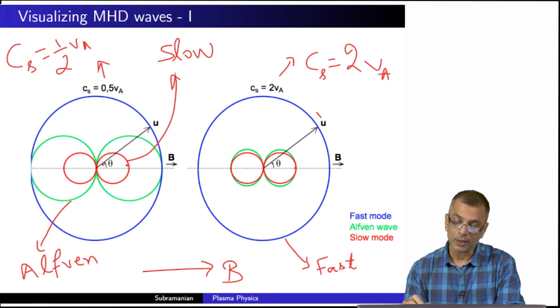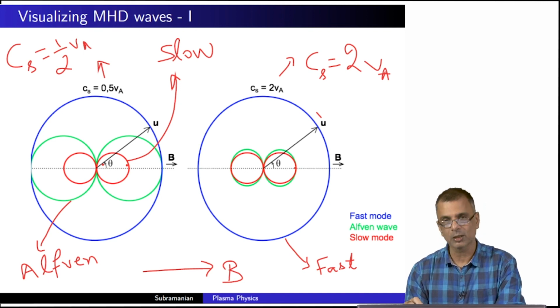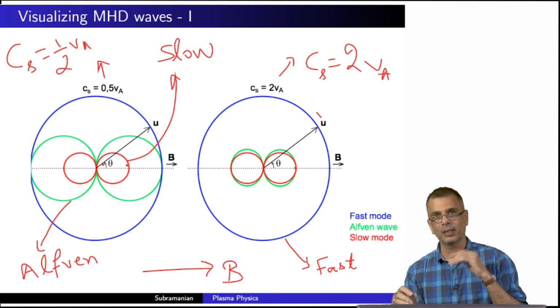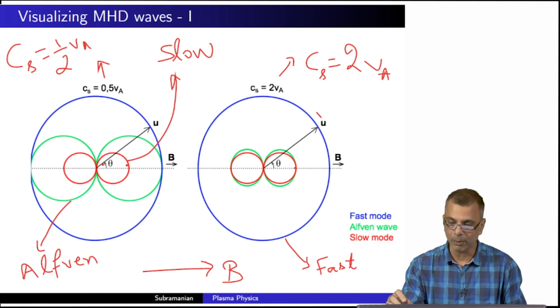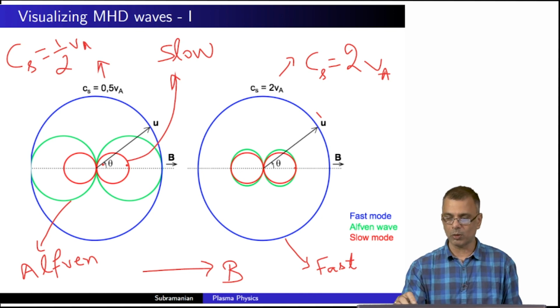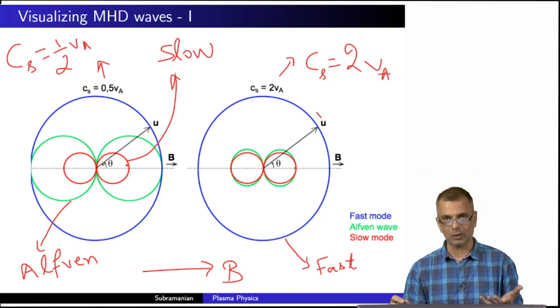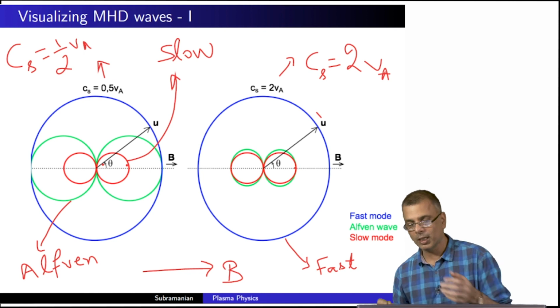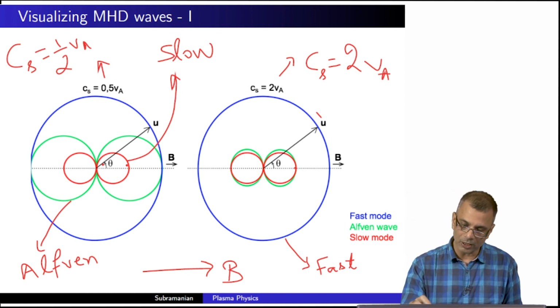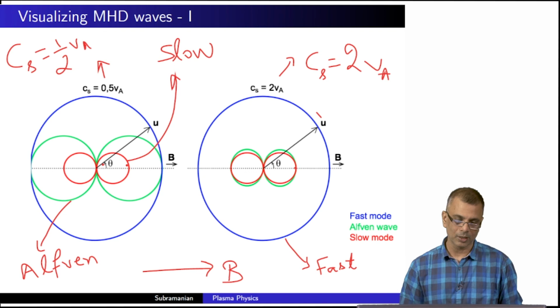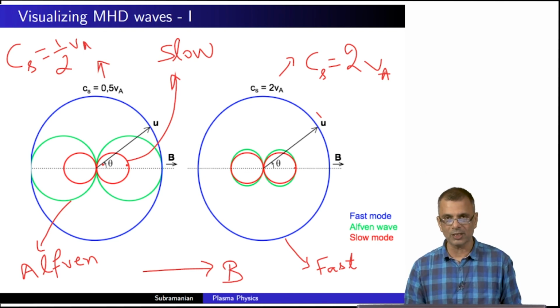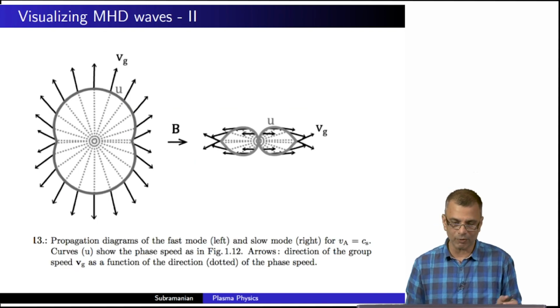Both are quite anisotropic, but the difference in the magnitudes of the Alfvén speed and the slow mode speed becomes much smaller as the sound speed becomes larger in comparison with the Alfvén speed. In other words, the larger the sound speed in comparison to the Alfvén speed, the more isotropic the fast mode becomes. So this is the kind of thing where you draw these diagrams and you make these kinds of inferences.